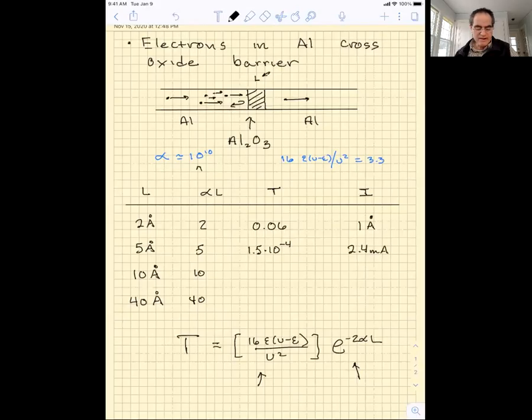For a 10 angstrom barrier, the transmission is much smaller. And the reason is because of this exponential factor here. E to the minus 2 alpha L is e to the minus 20, which is about 2 times 10 to the minus 9. And so multiplying by the other factor, we get 7 times 10 to the minus 9.